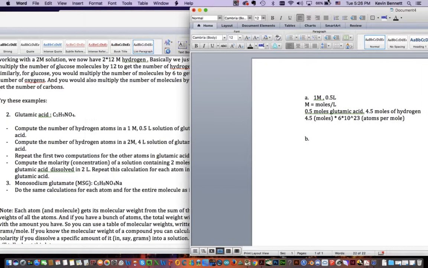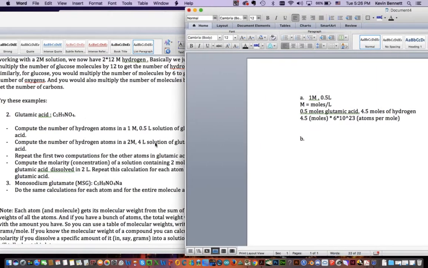The second one, we're going to call that B. You're going to compute the number of hydrogen atoms in a 2 molar 4 liter solution. So again, a 2M solution and 4 liters, same deal, glutamic acid. And so what you do is just take, this is moles per liter, so 2 moles per liter, multiply that by 4 liters, and that is 8 moles of glutamic acid.